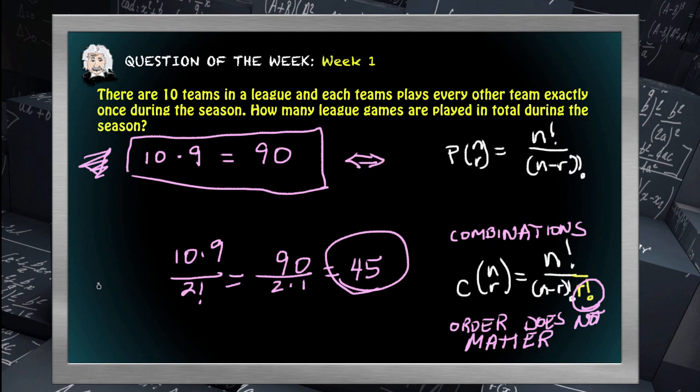So you have to divide by r factorial. And be careful, it's not always dividing by 2 to correct the overcount. If there were 3 items selected, say 3 teams were defined as a game, we're selecting r equals 3, we would have to divide by 3 factorial, which is essentially 6, to reduce the overcounting.